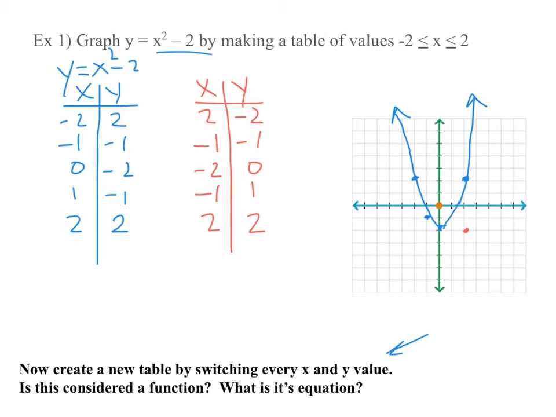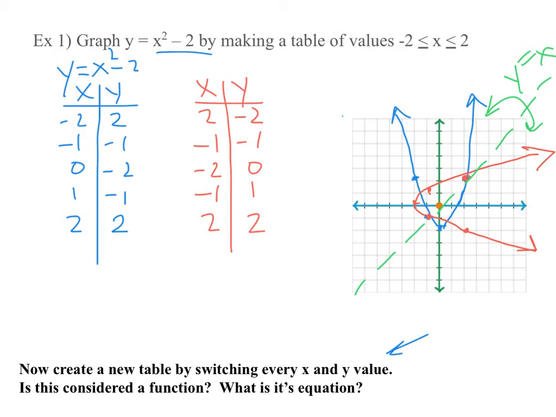Hopefully you're doing a better job at plotting your points. And if we look carefully here and plot those points, there is that graph. And we can put in a diagonal line of y equals x, the axis of symmetry, and indeed these graphs are reflections of each other across that line.